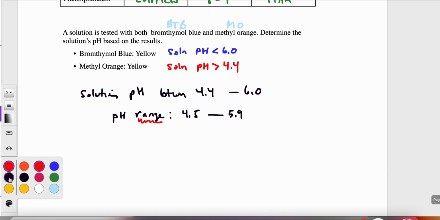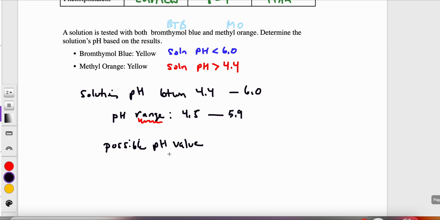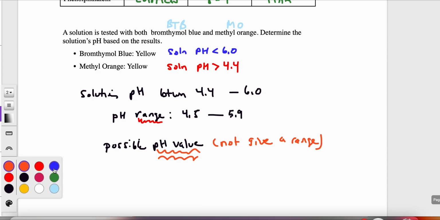Versus if you have to supply a possible pH value, you cannot give a range. You have to supply an individual pH value. So there are multiple answers here.